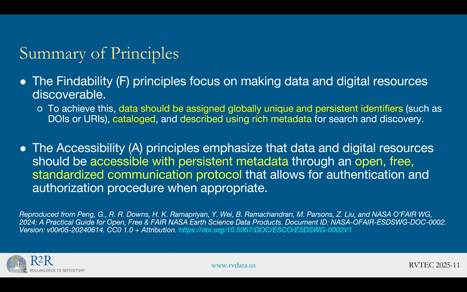One of the things we're going to see in a lot of these principles is metadata. It's all about having really good metadata to make these principles work. Accessibility is also focused on persistent metadata, and that the data are shared through free and open access protocols, so it's easy for people and for computers to find them.